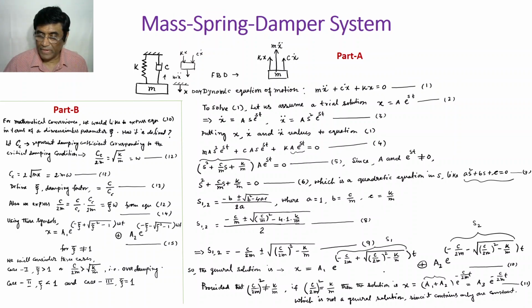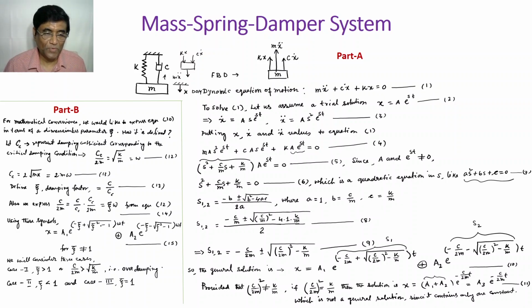So we are getting from here, see, a1 e to the power, in place of C by 2m we are writing zeta into omega, so minus zeta omega plus root over of zeta square minus 1, taking omega common, times omega t.